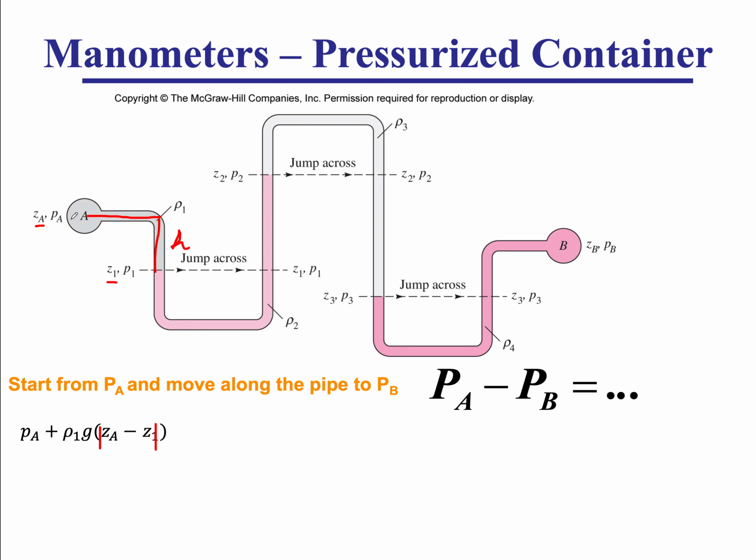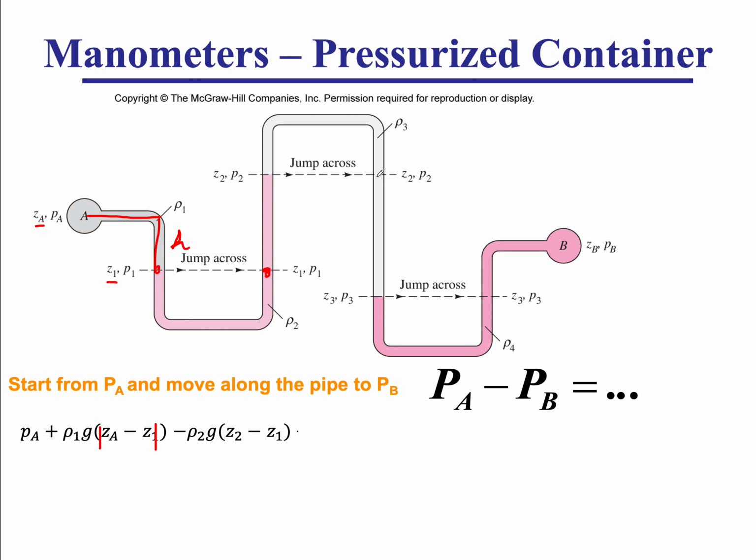So PA plus rho 1 g times the absolute value of delta z gets me to this pressure. It's still the same pressure between those two points, minus rho 2 g times the delta h between 1 and 2. In this case, the delta h is Z2 minus Z1 because that's a positive number, right?